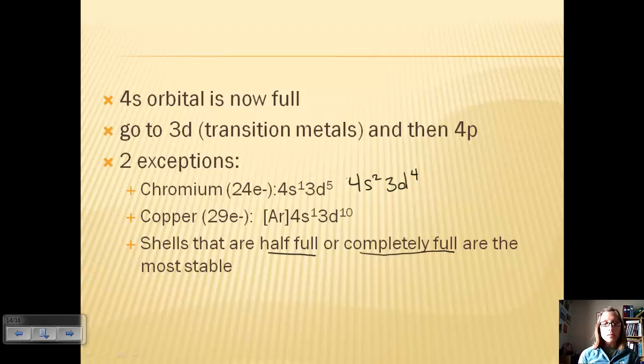And remember, all elements want is to be stable. And so what they'll do is take an electron from the S and give it to the D, making it 4s1, 3d5. So now that outer energy level, or the 3D, the last one we write, has 5 electrons instead of 4. It makes it more stable. So just a couple things to consider with transition metals.